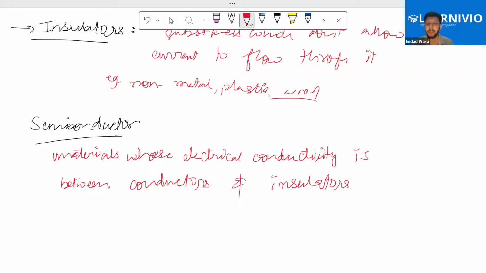How semiconductors are made and why they have less conductivity, you will learn in class 12th. That is not in your syllabus. For an example, you can write gallium. Gallium is a metal which is a semiconductor.